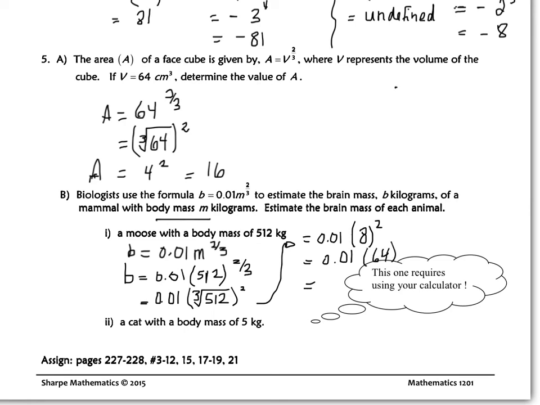Basically, multiplying by 0.01 is like multiplying by 1/100, so you're moving the decimal place 2 places to the left, as if you're dividing by 100. So that would be 0.64 kilograms.